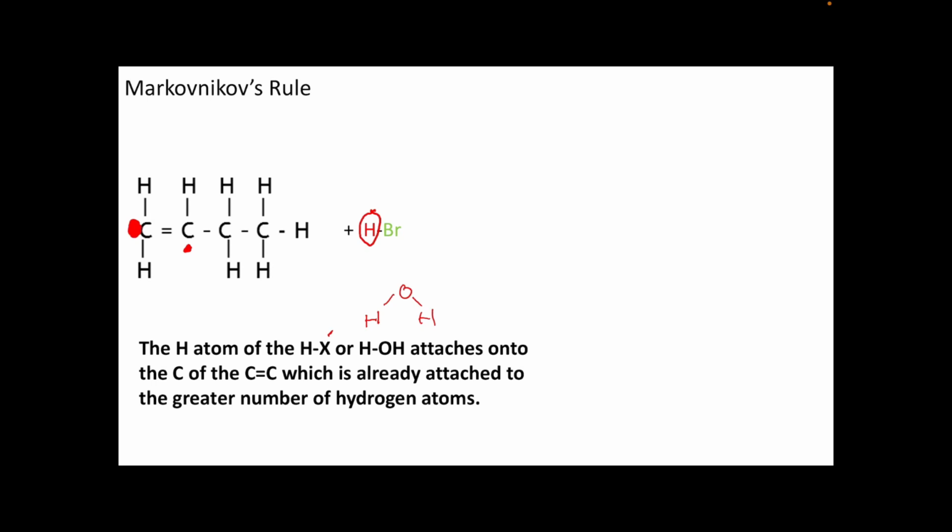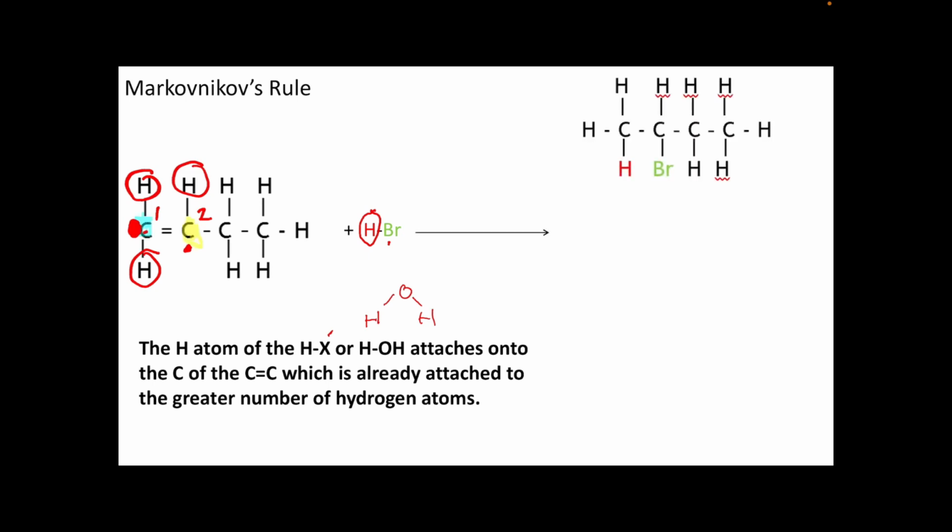Carbon number 1 is already attached to 2 hydrogens. Carbon number 2 is only attached to 1 hydrogen. So the H will go on carbon 1 and the Br will go onto carbon 2. So this will be the major product.